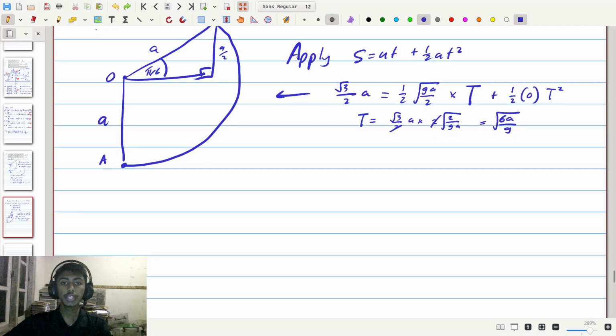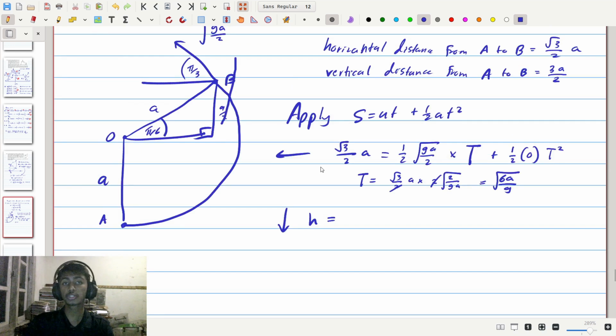Now for this, if we apply it in the vertical direction, the height, which I'm going to call h for now, is equal to, and actually we should consider it downward, because if we consider it downward, then we'll get a positive value. So if you consider the distance downward, it's going to be h, which is going to be ut. In this case, since u is upward, we're going to actually have a negative value.